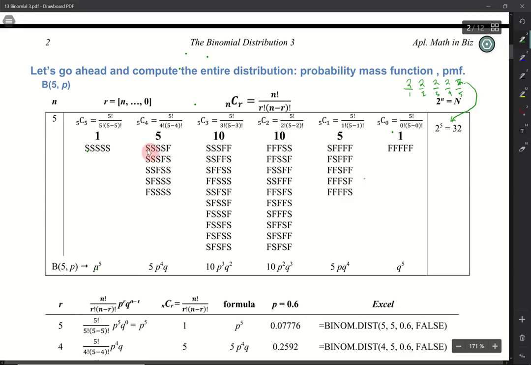So it doesn't matter if we multiply 0.6, 0.6, 0.6, 0.6 times 0.4, or 0.6, 0.6, 0.6 times 0.4 times 0.6, or 0.6, 0.6, 0.4 and so on. So we might as well pull it out into this form for the intersection, and then there's 5 of them.